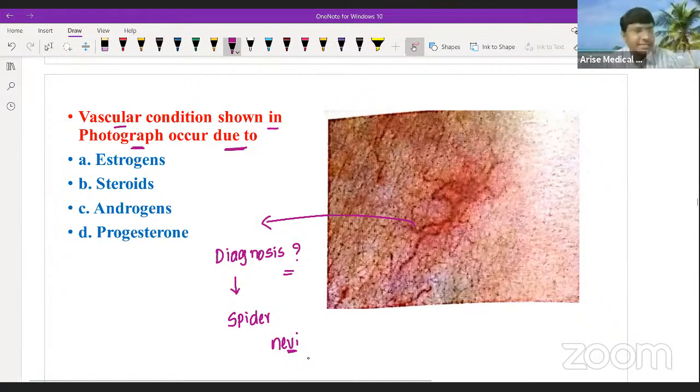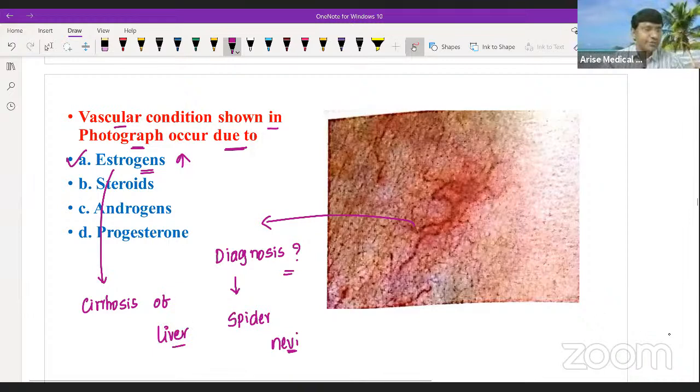And among the options given to you, which can give rise to this picture? Whenever there is hyperestrogenemia. So where will you have this hyperestrogenemia? You can have that in patients with cirrhosis of liver.